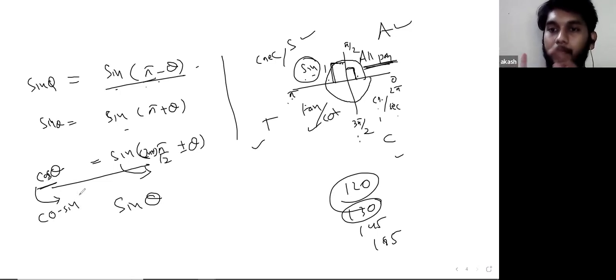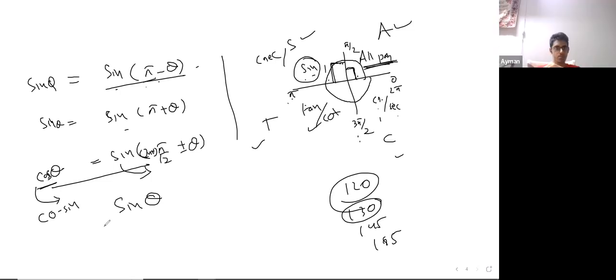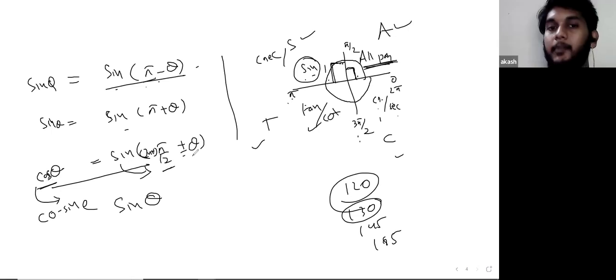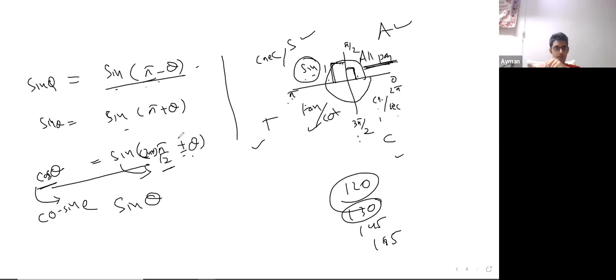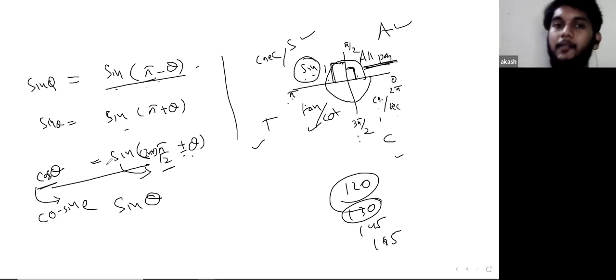Complementary means two angles meet and they become 90 degrees. That is why it is called cosine, because 90 plus or minus theta becomes cos theta. So if you have multiples of 90, then the function changes to its complementary. Tan becomes cot, sec becomes cosec.